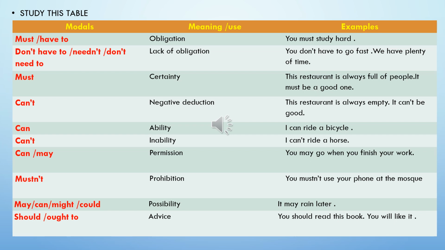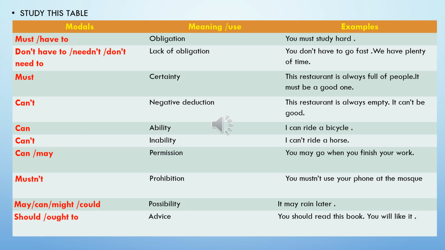Let's move to another one here, and this time this is can't. It's the opposite of must. Okay, so negative deduction. It means negative deduction. And look at this example. This restaurant is always empty. It can't be good. So again, here we have a kind of evidence. What do we say?